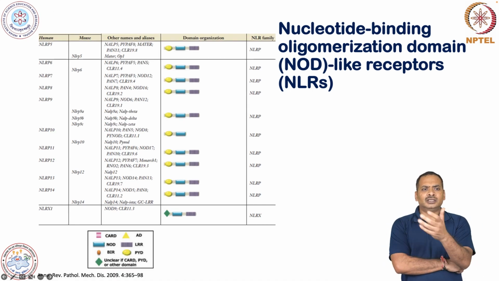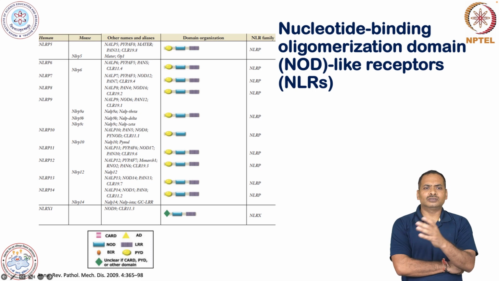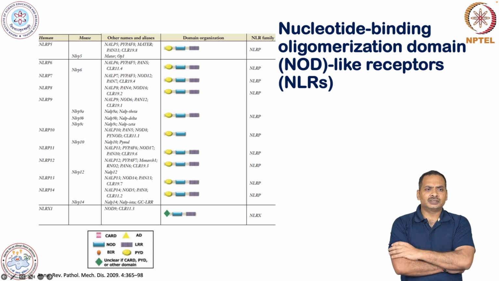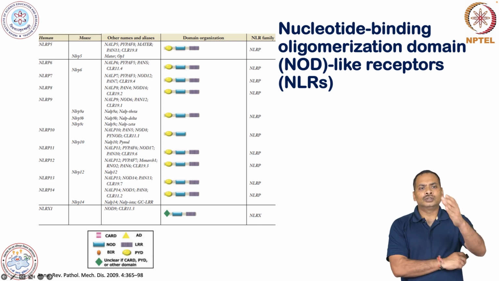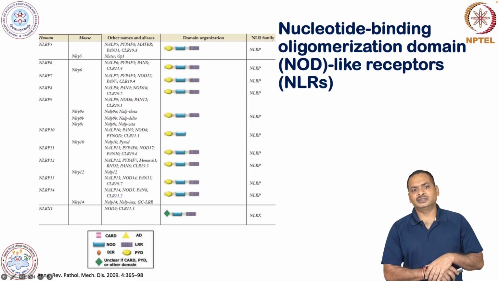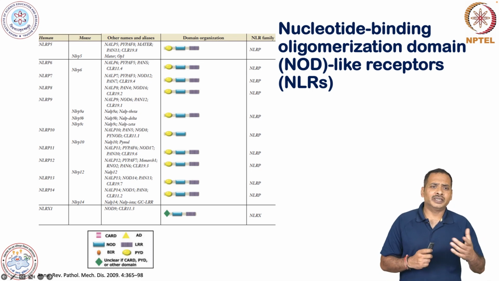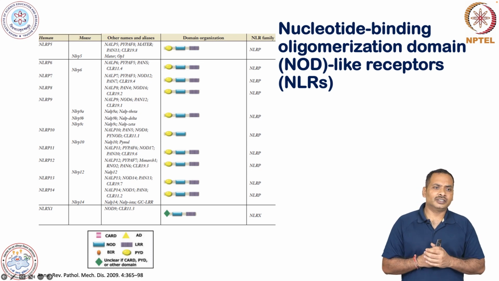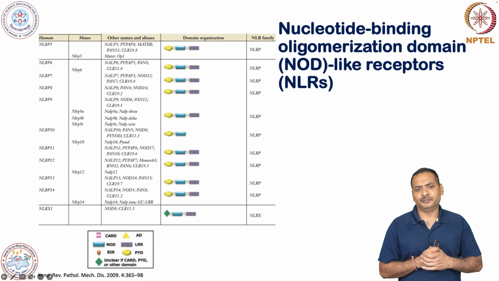Here there is another member, NLRP5. This also has a pyrin domain. Here you can see that this has a pyrin domain, NOD domain and leucine rich repeat domain. The rest of the NLRPs are also there, NLRP 6, 7, 8, 9, 10, 11, 12, 13 and 14. All these NLRPs have a characteristic pyrin domain, NOD domain and leucine rich repeat domain, except, if you look carefully, NLRP10, which does not have a leucine rich repeat domain.